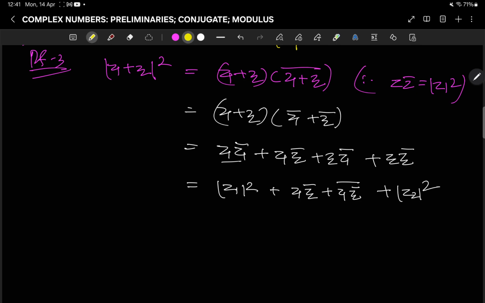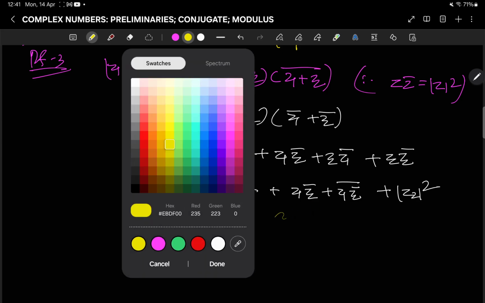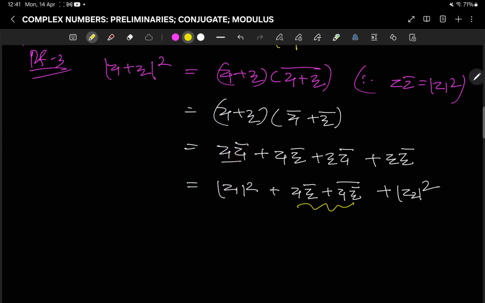So now you will be able to write it, since z plus z conjugate is twice real z. So this you will write as mod z1 square plus twice real of z1 z2 conjugate plus mod z2 square.